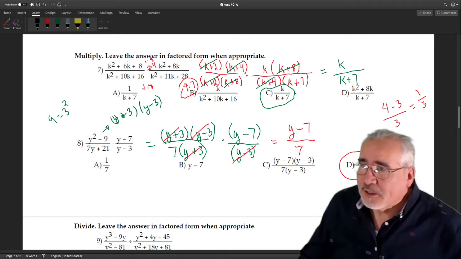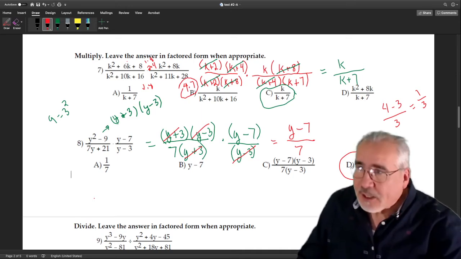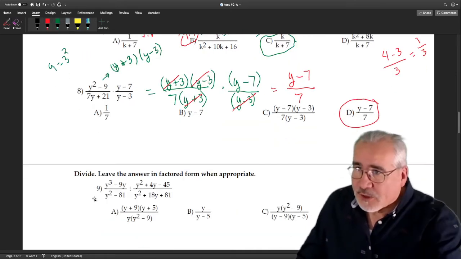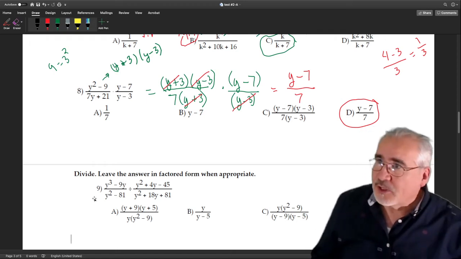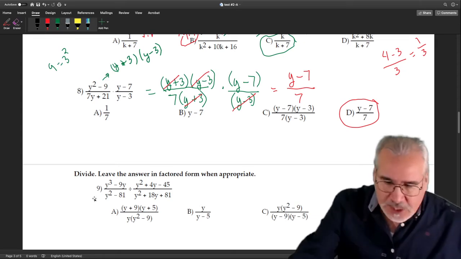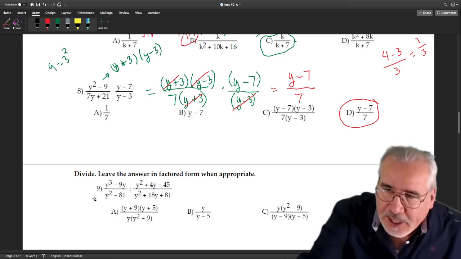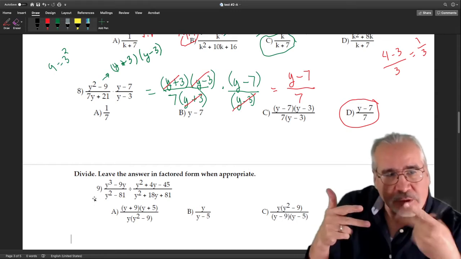So let's take a look at what happens as we come over here, and we're going to look at question number 9. We're actually going to be doing some division, which is similar to multiplication, except that we have to take the reciprocal.